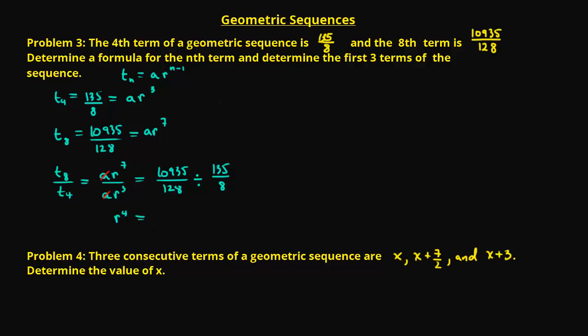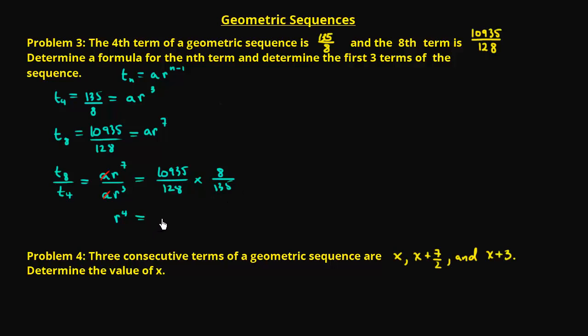I can clean up the right side of the equation a little bit by simplifying. I can write division by a fraction as multiplication by the reciprocal. So instead of dividing by 135 over 8, this is the same thing as multiplying by the reciprocal, which is 8 over 135.